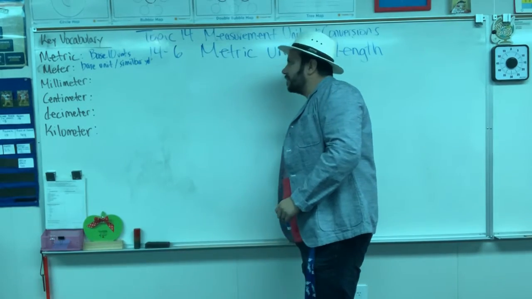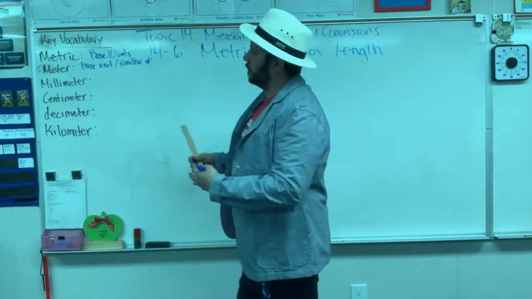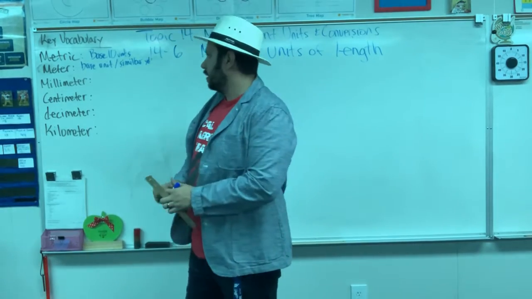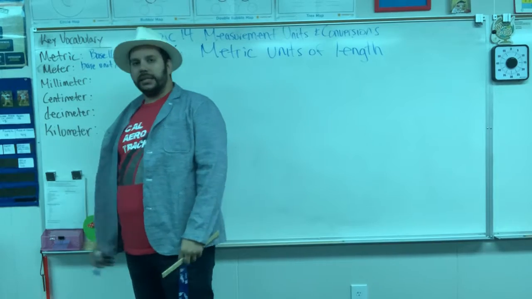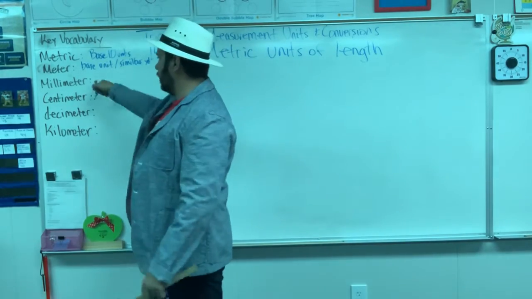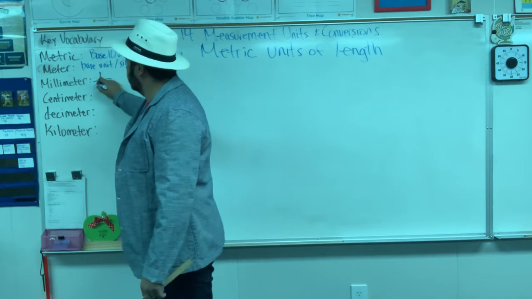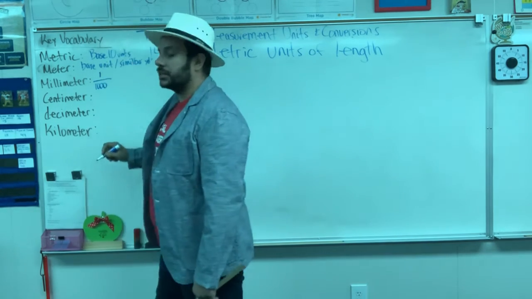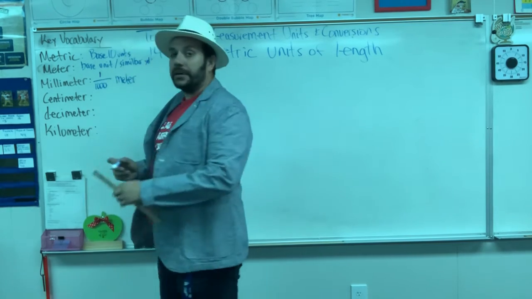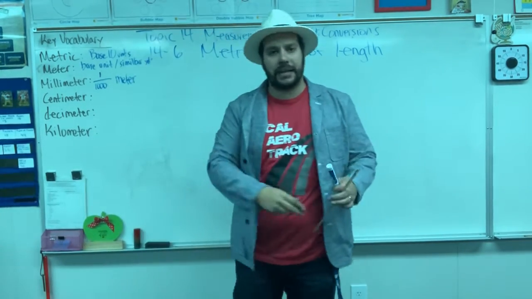Next, you have the millimeter. Here's where we begin to get into those Latin root words really helping us out, okay? The Latin root milli is 1,000th. So a millimeter is 1/1000th of our base unit, a meter, okay? Everything goes back to that meter.